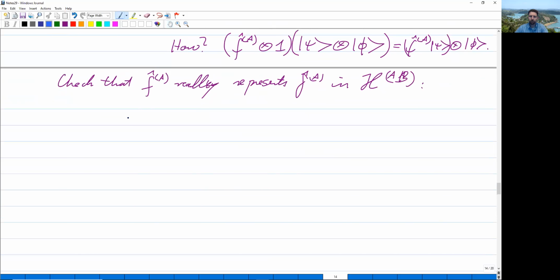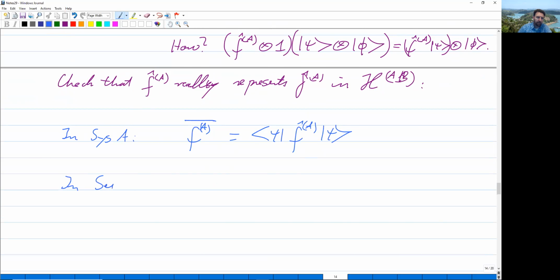So how do we do that? Well, in system A, we calculate that the prediction for the observable f A is psi, f hat A, psi. We need to recover that result in system AB.